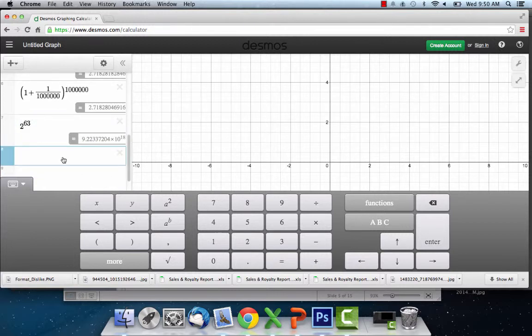So Elaine has $500 times 1 plus 0.0425 divided by 4 to the power of 100. She has $1,438.71.